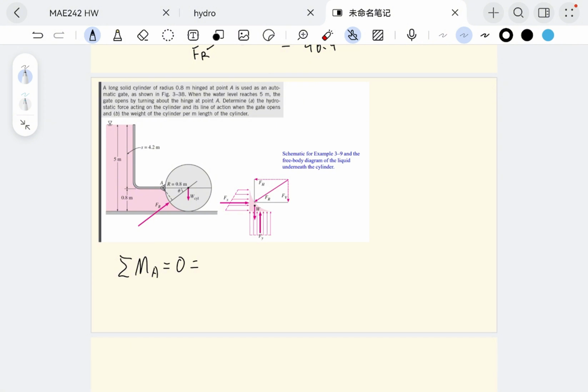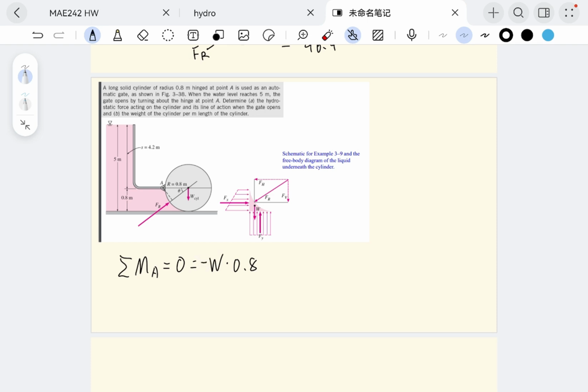The moment developed by the weight of the cylinder is the weight of the cylinder times the distance to the center of the moment, which is 0.8 meters. And since the weight is acting downward, it will create a clockwise moment about A. And we are going to define clockwise as negative.